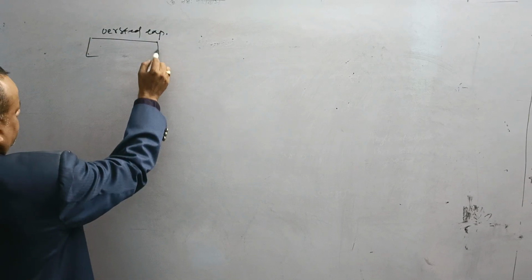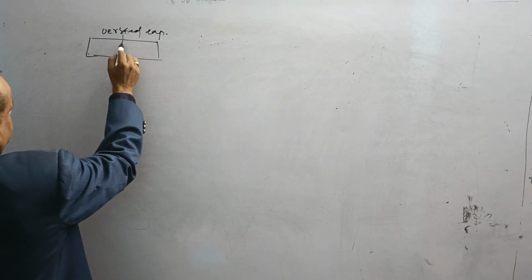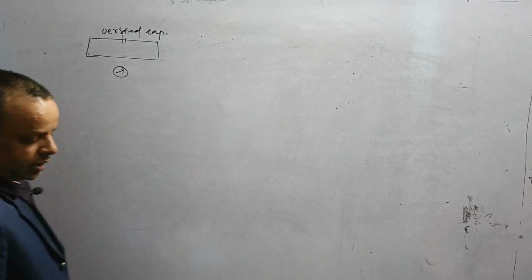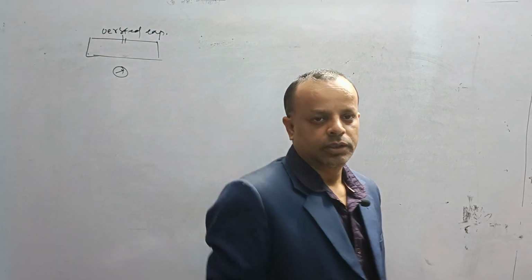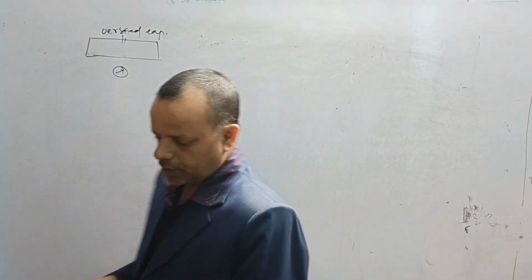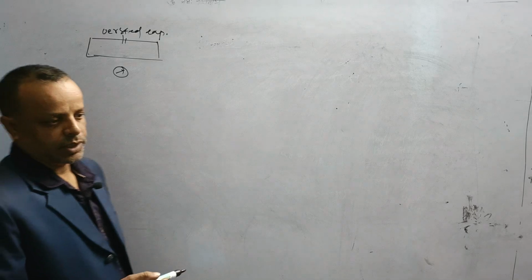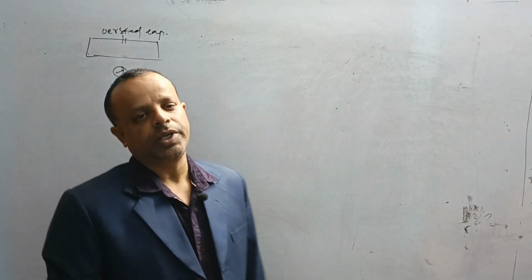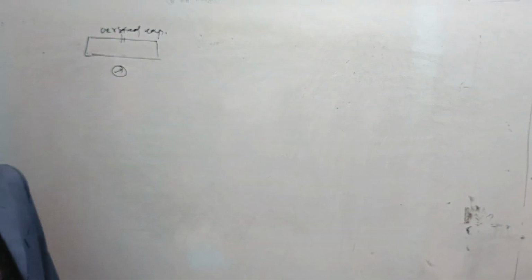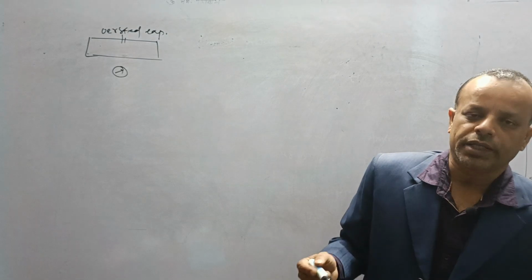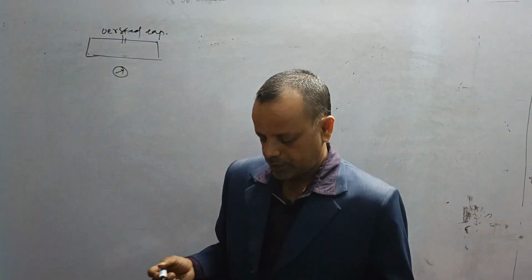What he did was take a magnetic compass near a current carrying conductor. He saw that when a current is passed in the conductor and we place a magnetic compass near it, it shows deflection. From here he concluded that a current carrying conductor produces a magnetic field around itself.